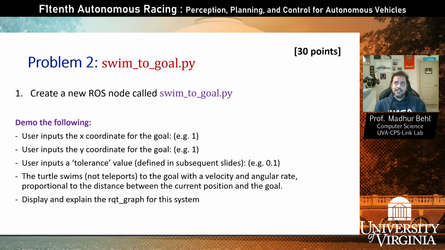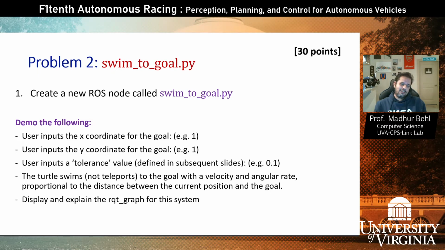The tolerance in a nutshell is: when do you realize that you are within a ball or a circle around the goal, where the radius of that circle is the tolerance? That's how you can visually figure out what tolerance is. So you have to get three inputs from the user: x, y for the goal, and the tolerance that you want your Turtlesim to respect.